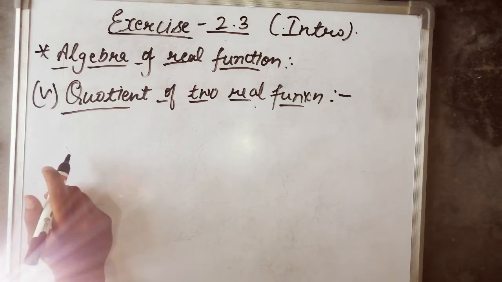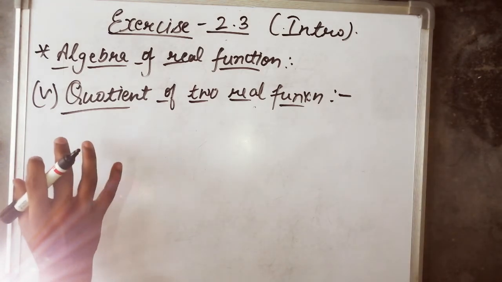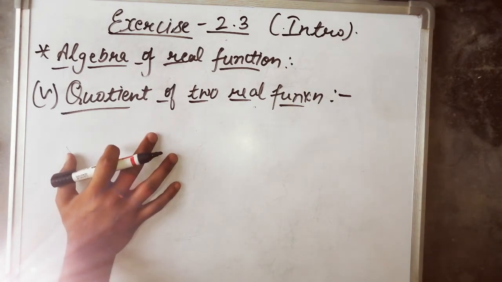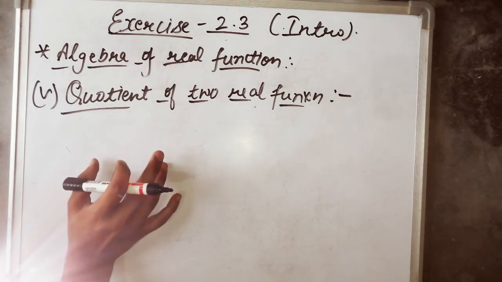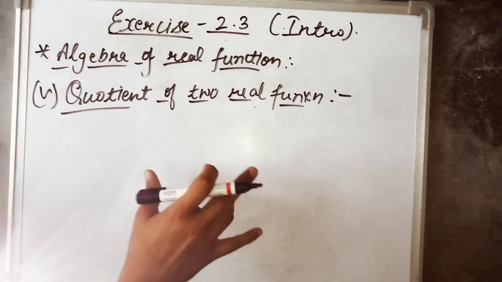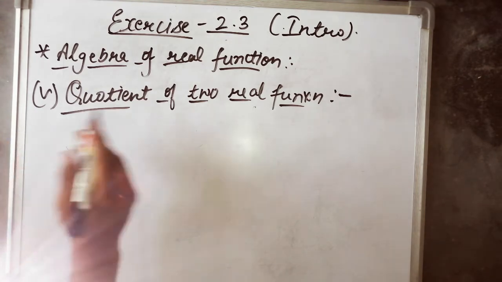Let f and g be two real functions defined from X to R, where X is a subset of R, and the quotient f by g is a function defined. Let me write it down.